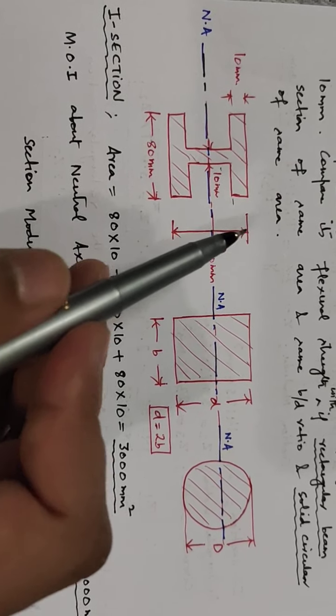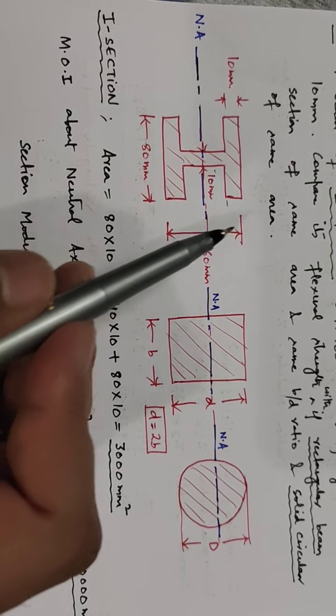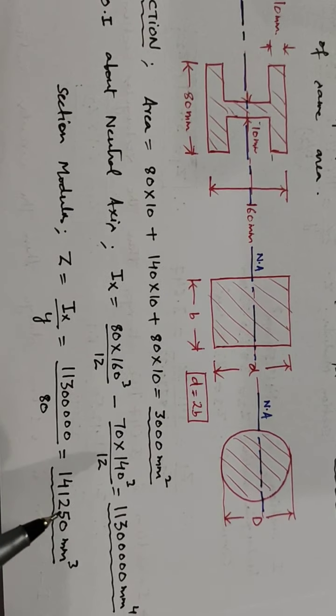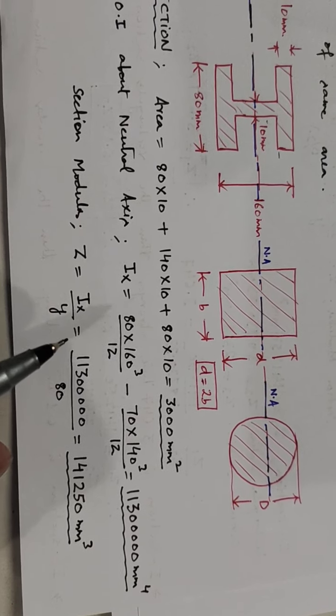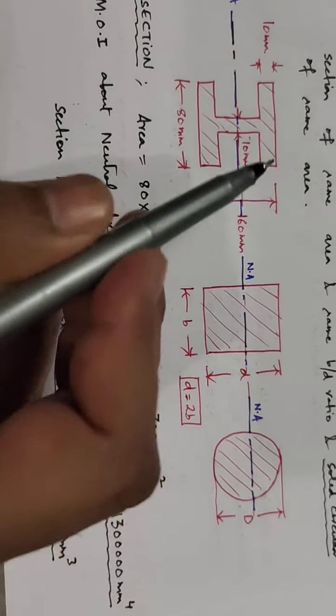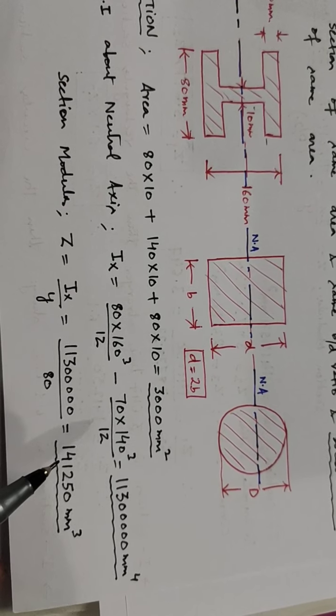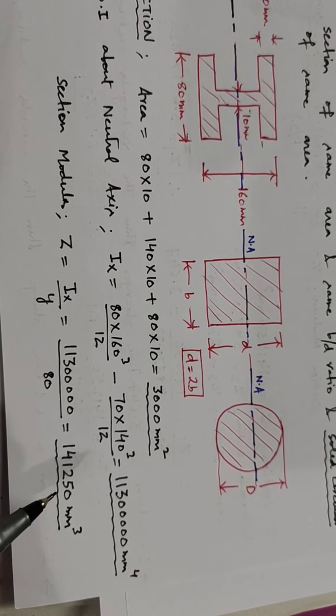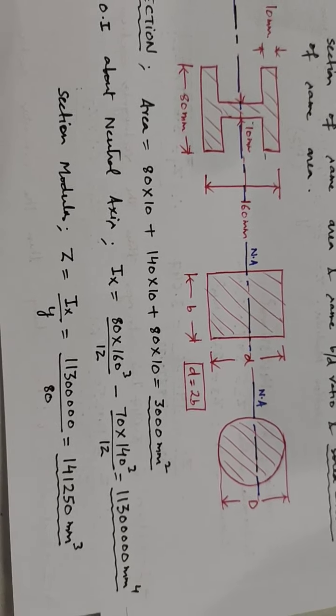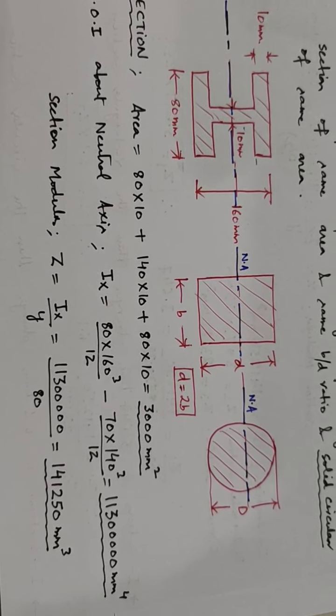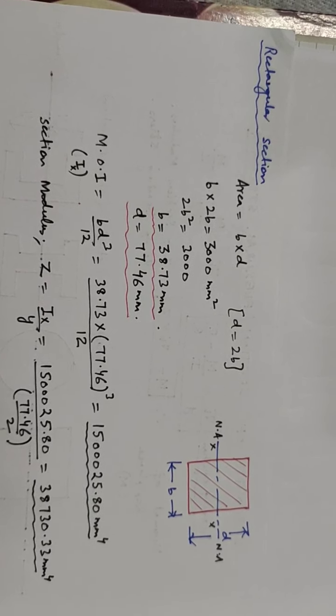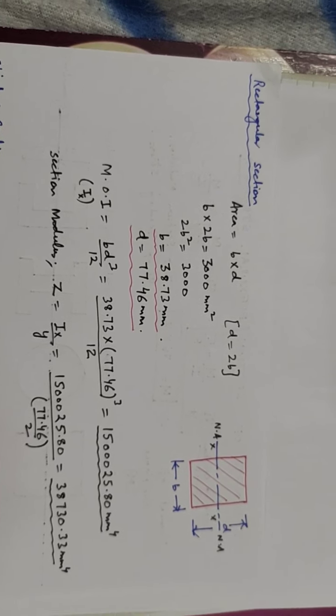We will take y in this case, it is symmetrical, that is half of this, that is 80. So the section modulus of the I section comes out to be 1,41,250 millimeter cube. So this section modulus will define the strength of the beam.